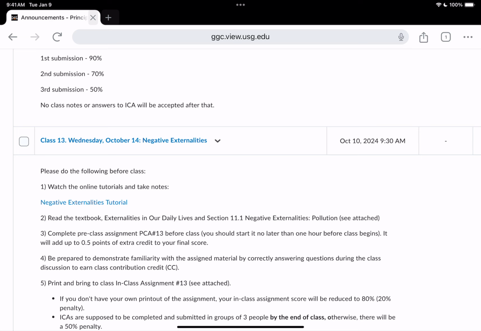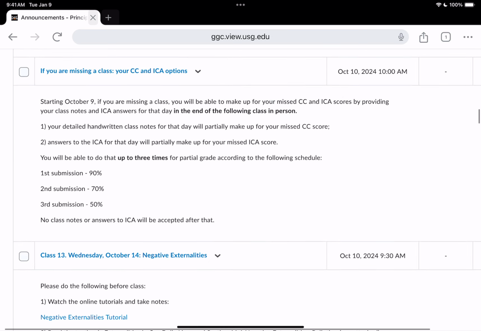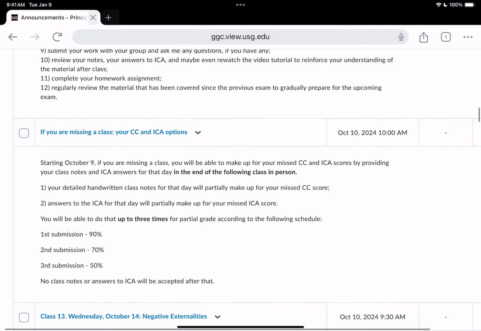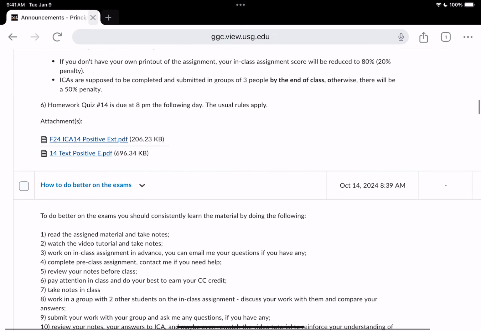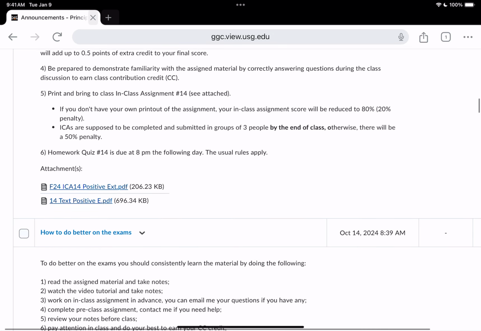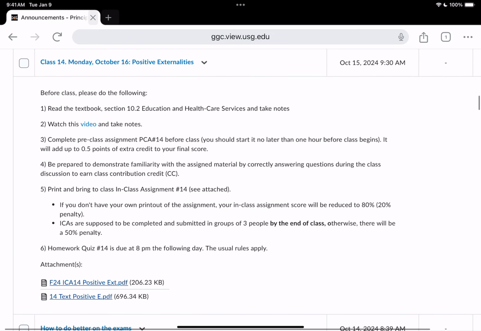We worked on them in class, so I don't want this information to get wasted. All right, so negative externalities, then we talked about positive externalities.